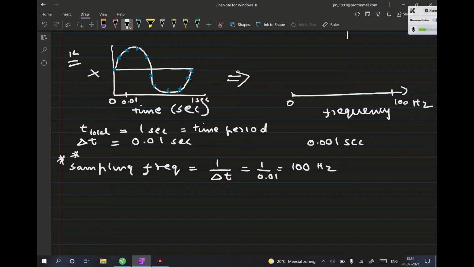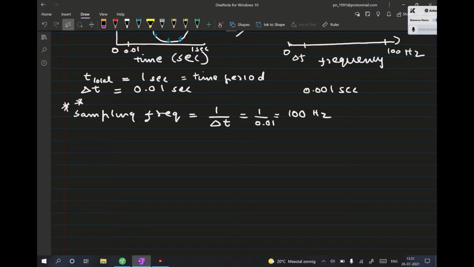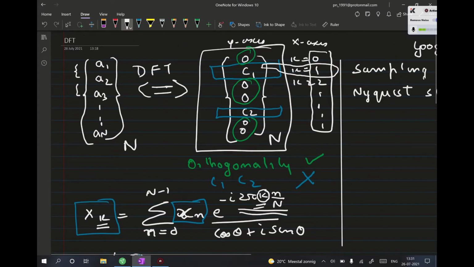Now, similar to our time data, we will have something called delta f, the frequency resolution, and it is quite easy. There are different approaches. One straightforward approach is, all you do is divide the sampling frequency by the total number of data, because as I discussed earlier, if my input data has the size of n, my output would be of the same size.